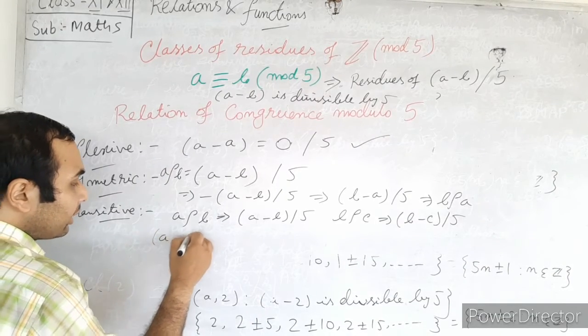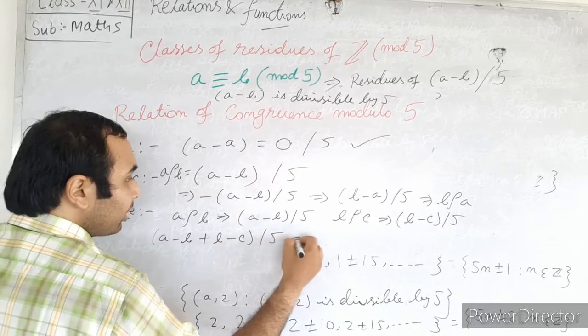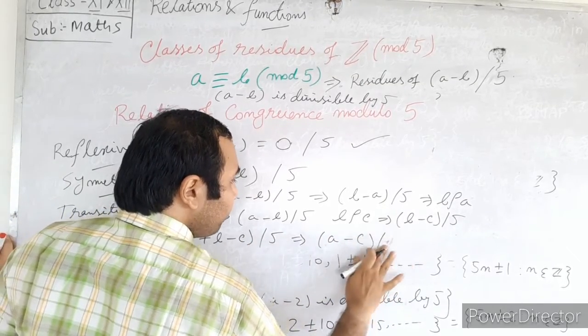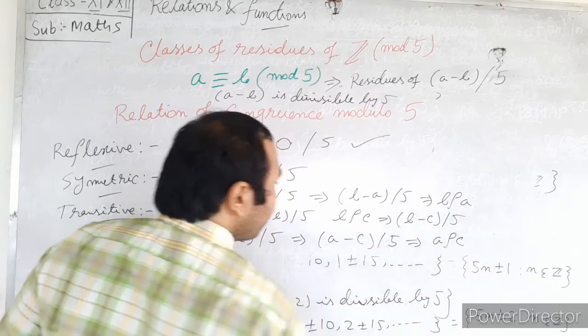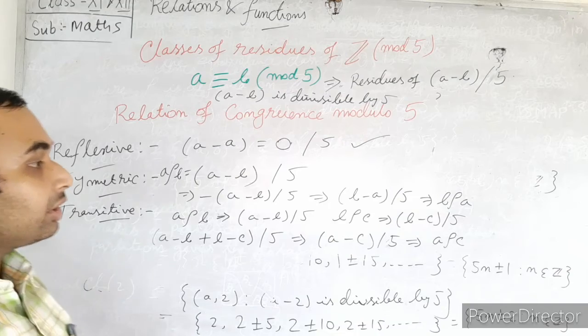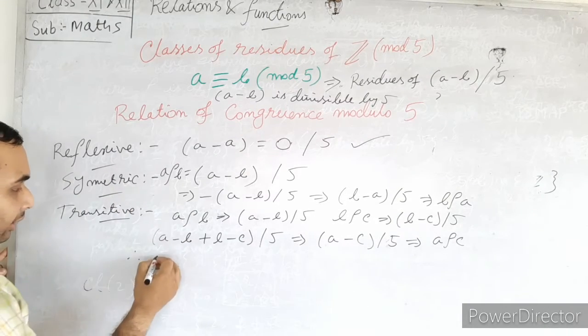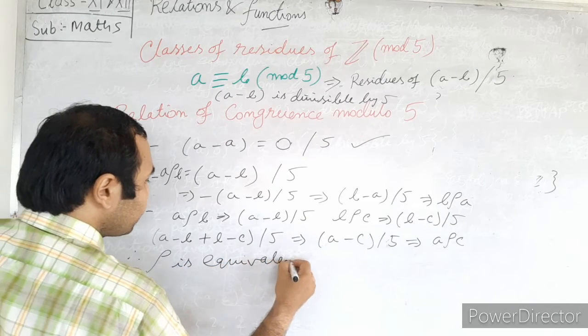So a minus b plus b minus c is divisible by 5. That means a minus c is divisible by 5, and so a rho c. So obviously the transitive property holds here. So from here we can say rho is an equivalence relation.